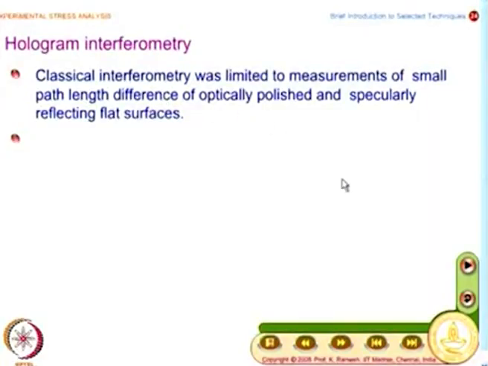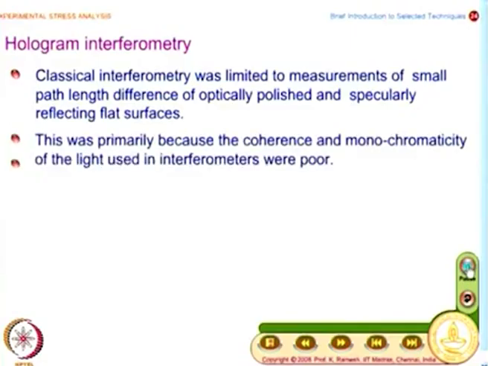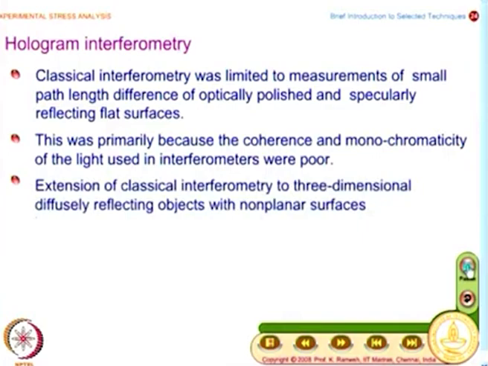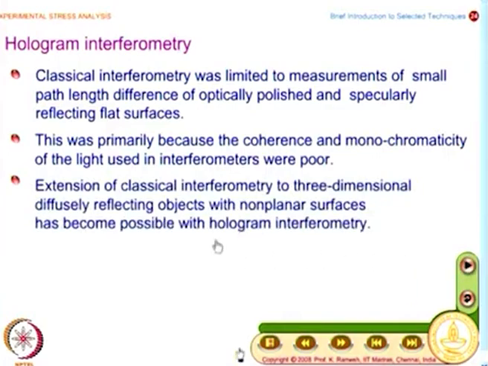And what we look at as hologram interferometry, what we find here is the earlier mercury arc lamp had monochromaticity not to the extent like what you have in laser, and coherence was also limited.